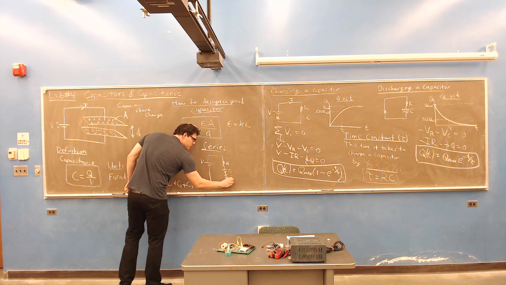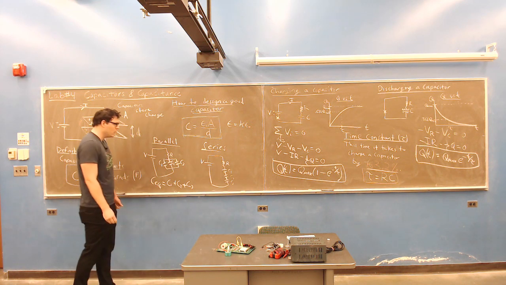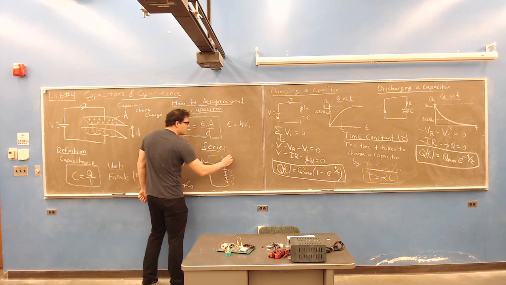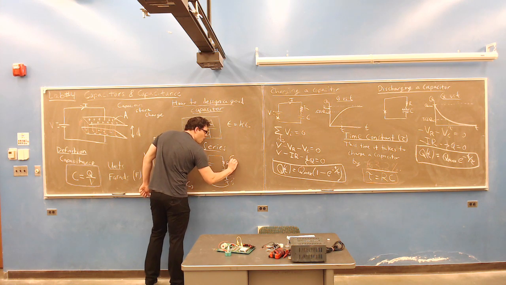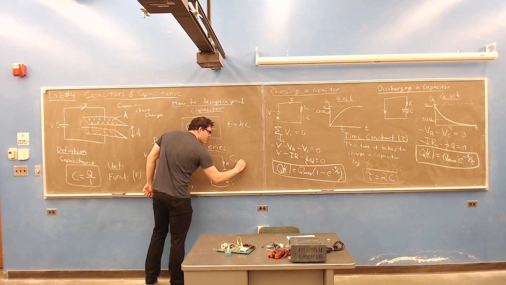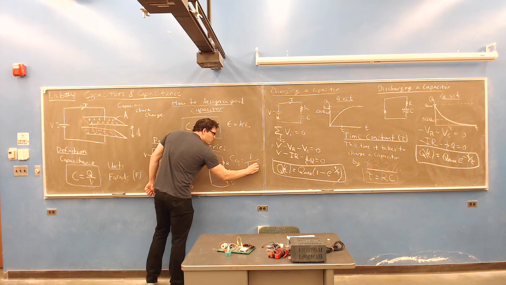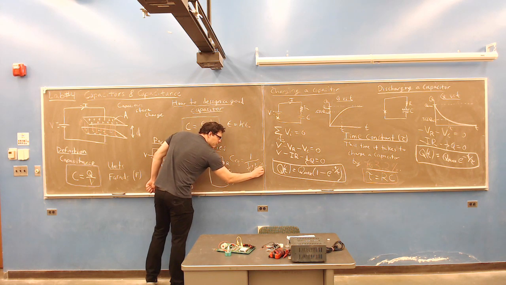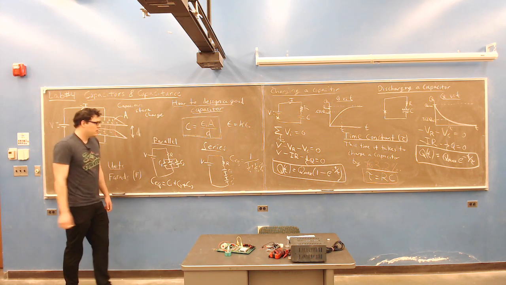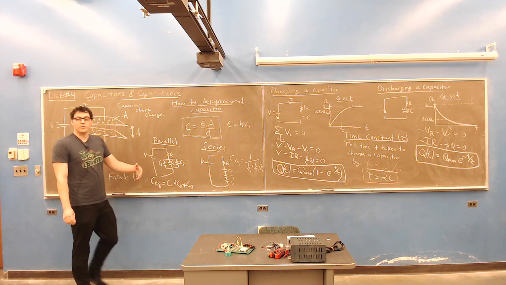C1, C2, C3. Turns out for series that the equivalent capacitance is equal to 1 over C1 plus 1 over C2 plus 1 over C3. Which you might have guessed from resistors, right?